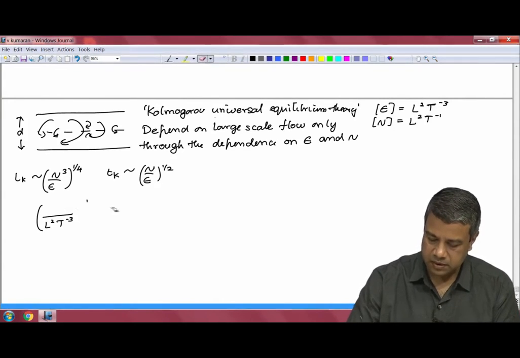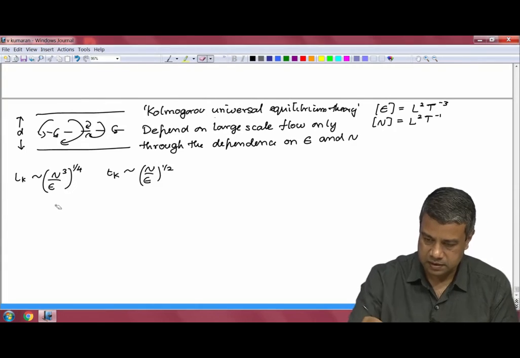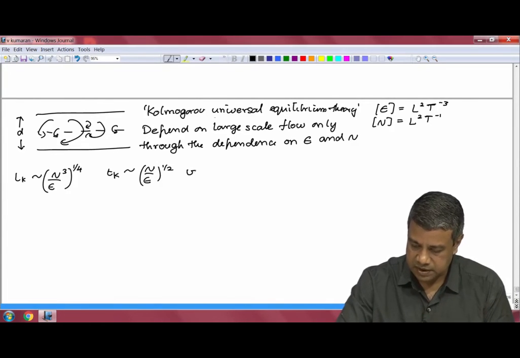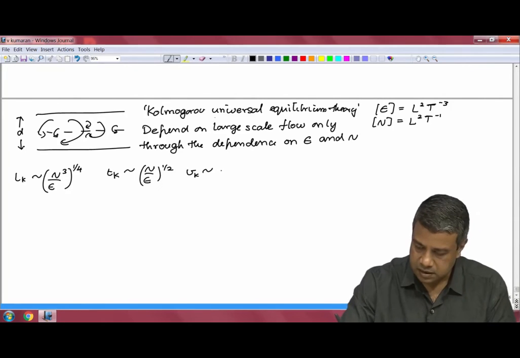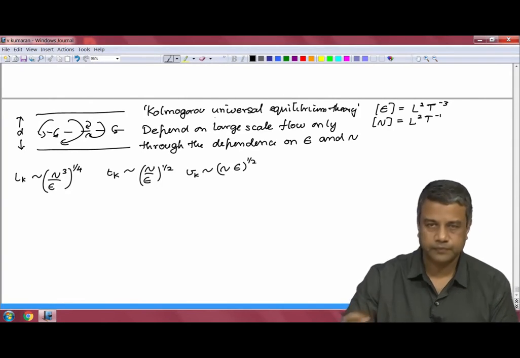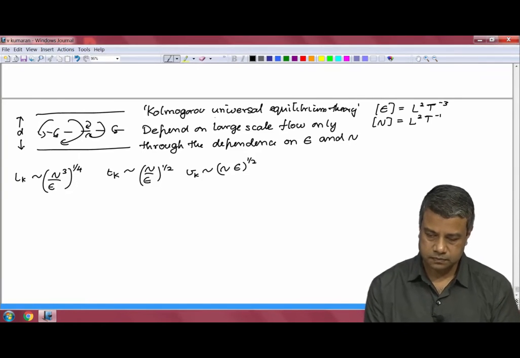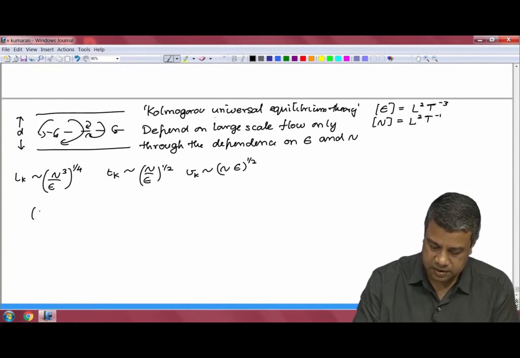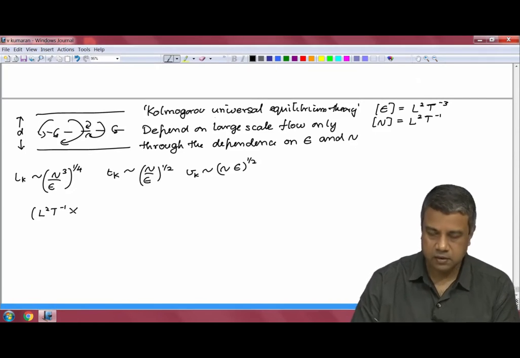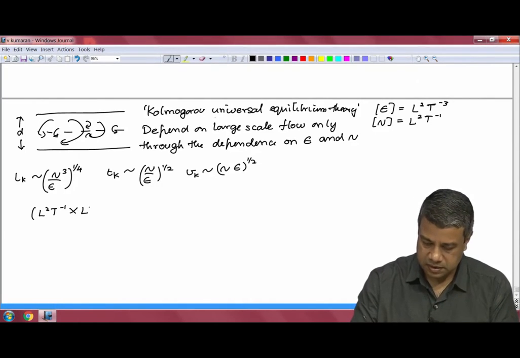These are called the Kolmogorov length and time scales. And the velocity scale of the smallest eddy scales as (nu times epsilon) whole power 1/4. And once again, you can verify that kinematic viscosity has dimensions of length square T inverse, into epsilon, which is length square T power minus 3, whole power 1/4.